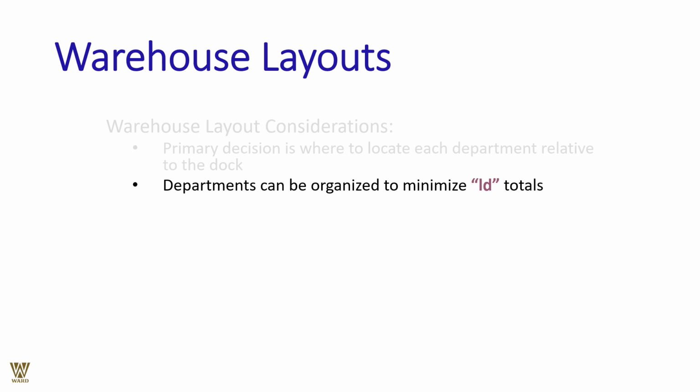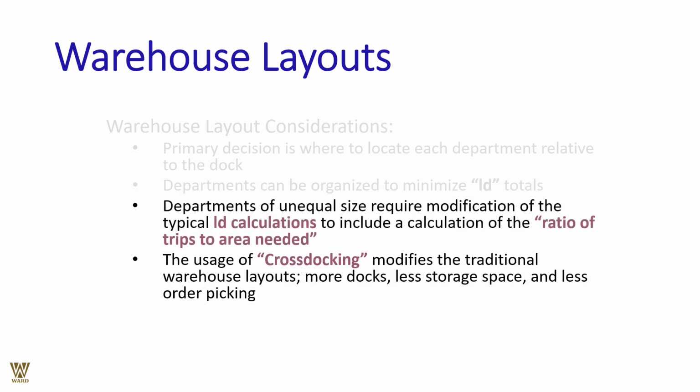Departments can be optimized and minimized in totality and in terms of work jobs, job IDs, work IDs, employee IDs. If we can have minimum fuss in and around it, it means we are increasing the efficiency thereby. Departments of unequal size require modification, with typical calculations to include the ratio of the trips needed.